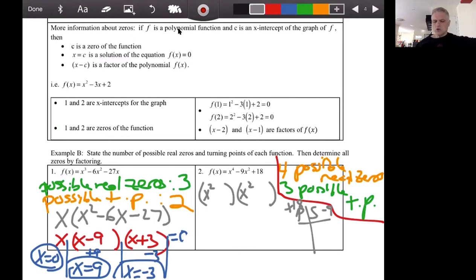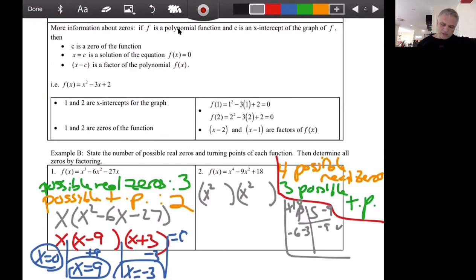Okay, so what two numbers multiply to give you 18 that add to negative 9? Think we would be in good shape with negative 6 and negative 3. They multiply to positive 18, and their sum is negative 9. So product sum, it's all good.